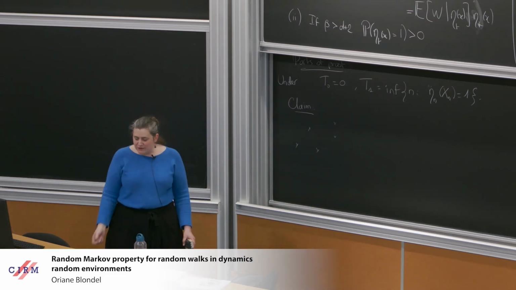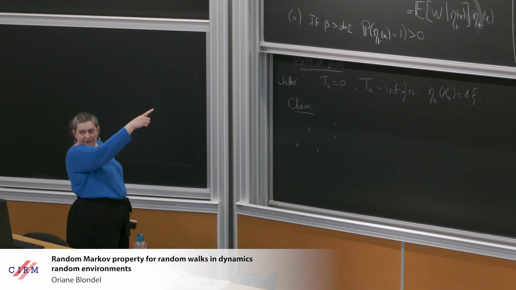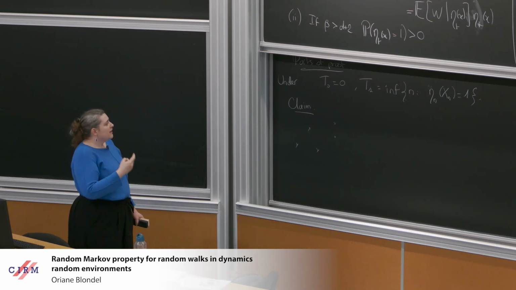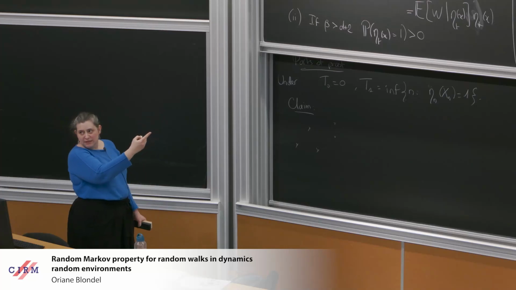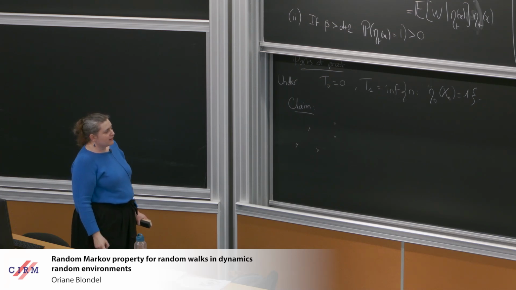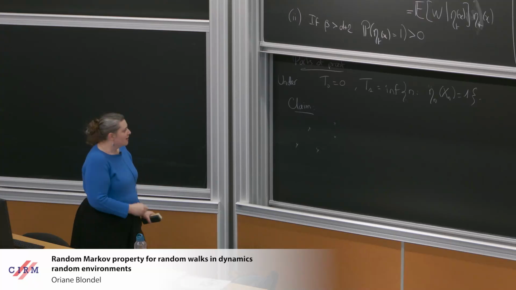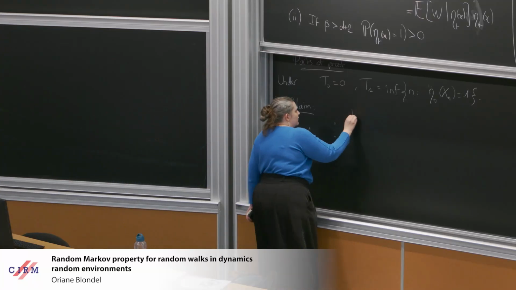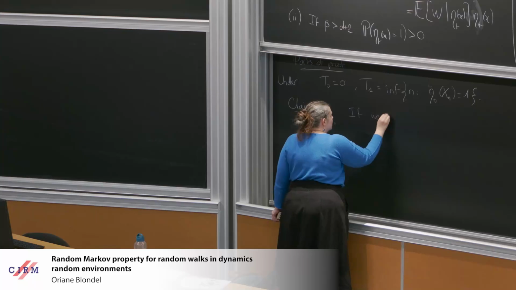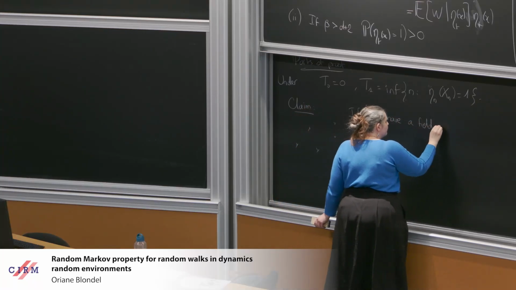If this field has a positive density and is decorrelated in the sense that I stated there, and your walk is elliptic, then your random walk is going to meet a lot of those points.